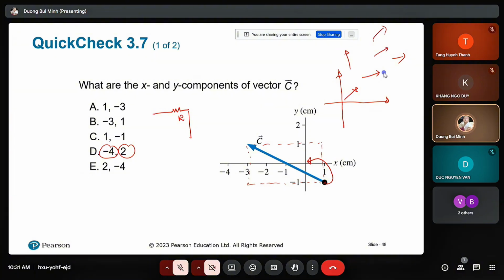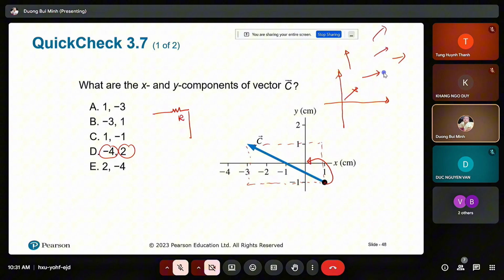Now we analyze. We know VR1 is I1 times R1. This one is like a scalar number, and I1 is a vector. We don't know I1, so we cannot draw VR1. So we need to consider VC1.